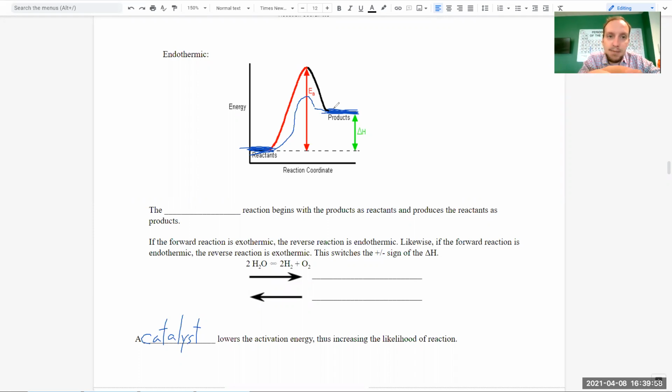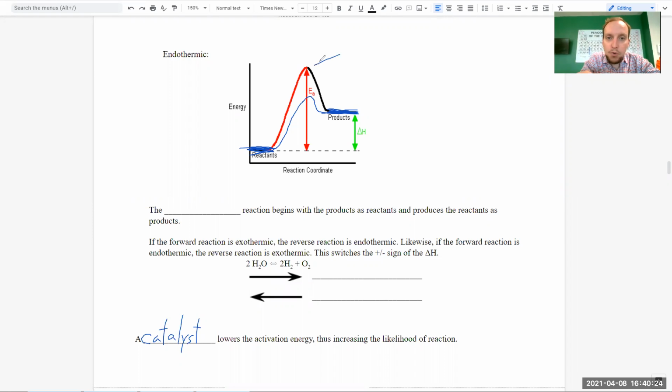All it does is make that very difficult energetic peak lower, therefore it's more likely to occur. If the peak is not as high, then it's easier to get over, and therefore it requires less energy to overcome, and the reaction is more likely to occur. It doesn't make the reaction faster, it does not speed up the reaction, but it makes the reaction much more likely to occur. It lowers that peak.